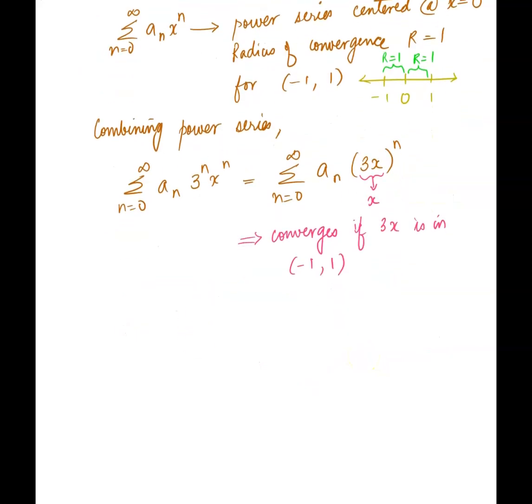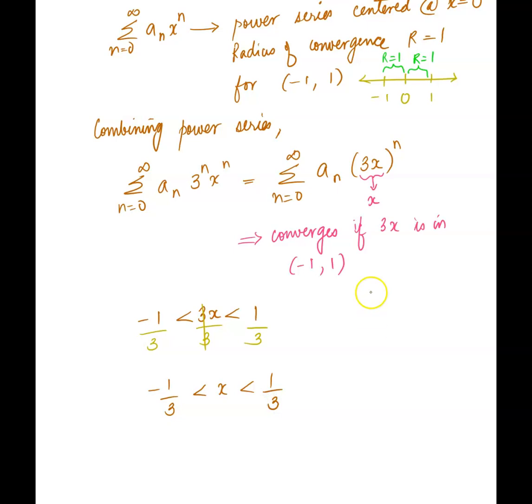Remember, the question was to find the interval of convergence for this particular series. So if 3x must lie between -1 and 1, this is how we represent it as an inequality: 3x lies between -1 and 1. This helps to solve for x by dividing each part by 3. So -1/3 < x < 1/3.